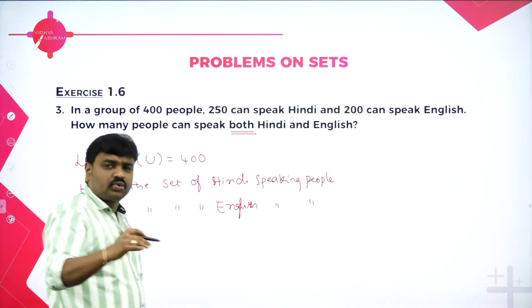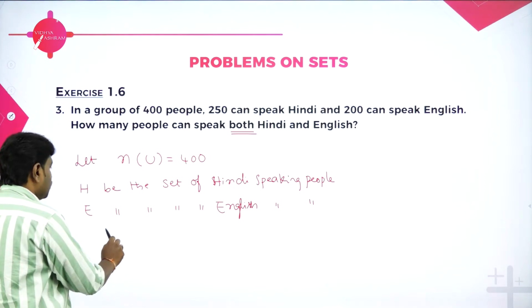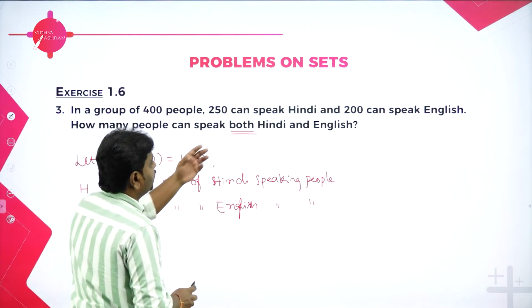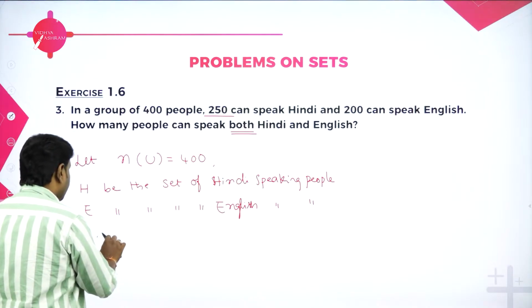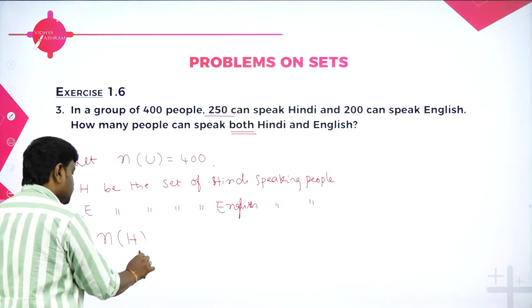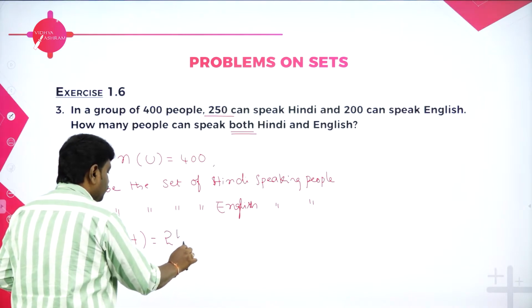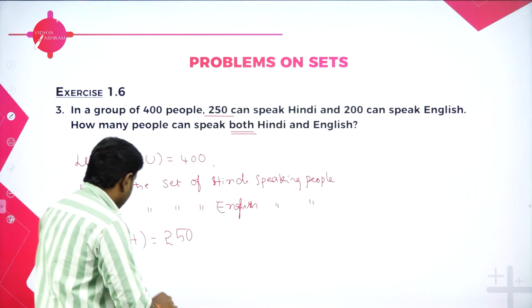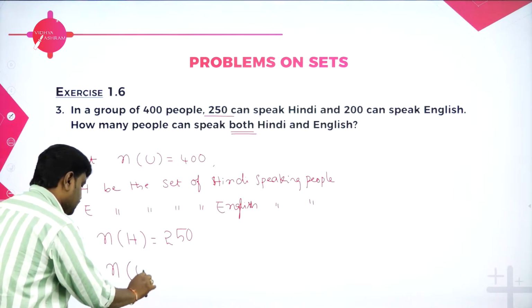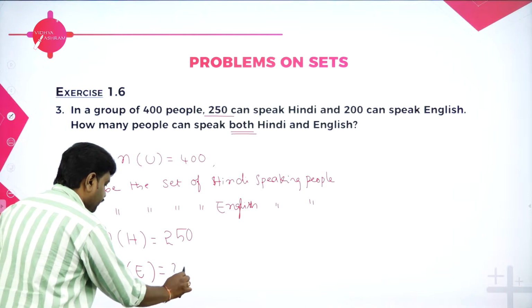So first define two sets. What is given? Number of people speaking Hindi: 250 can speak Hindi, they told. N of H is 250. Further, 200 can speak English, so number of English speaking is exactly 200.